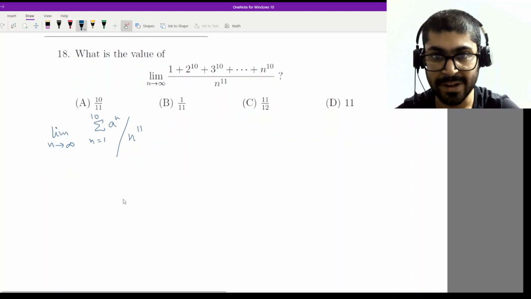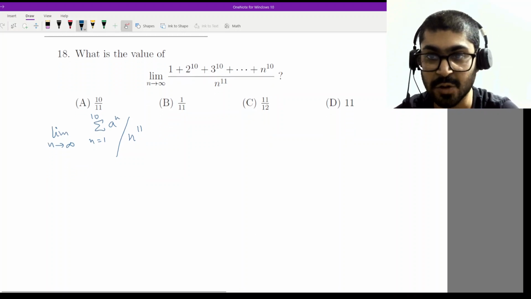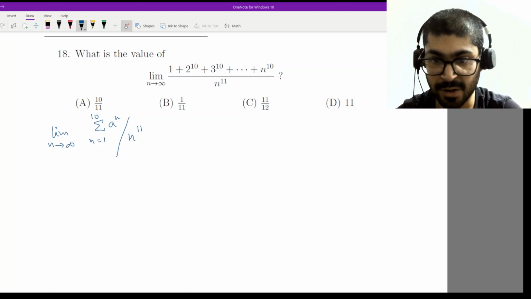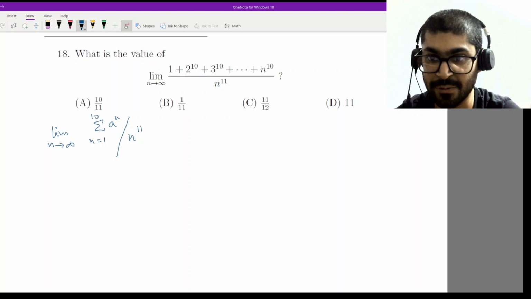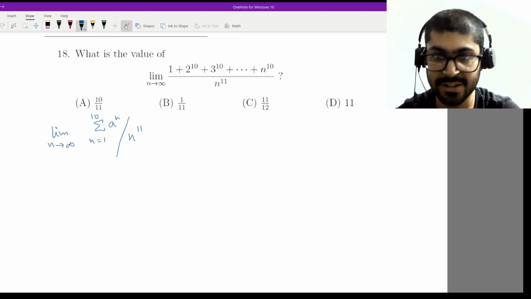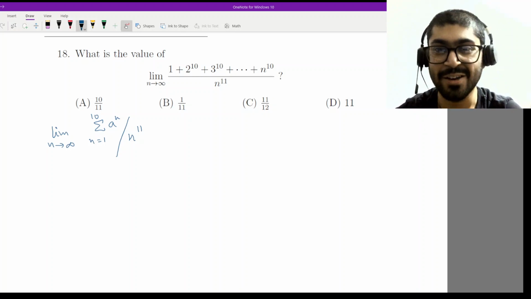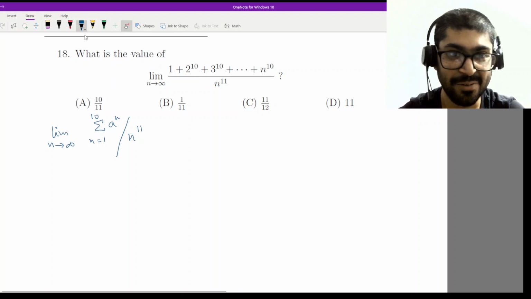Now we can evaluate this quite easily using a formula which is known as Faulhaber's formula. Alright, Faulhaber's formula. So let me show you that formula. If I show you the formula, you will feel like this is tailor made for this problem.